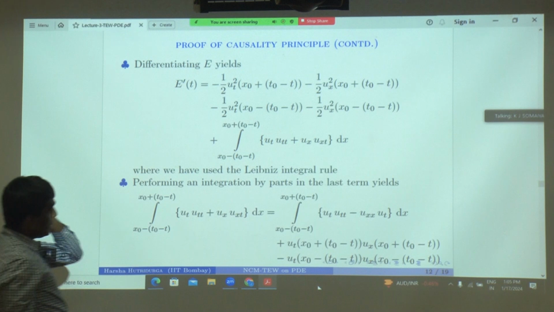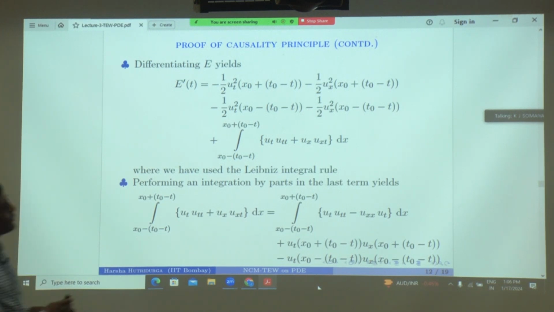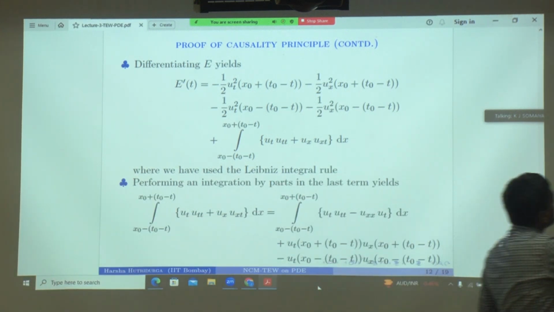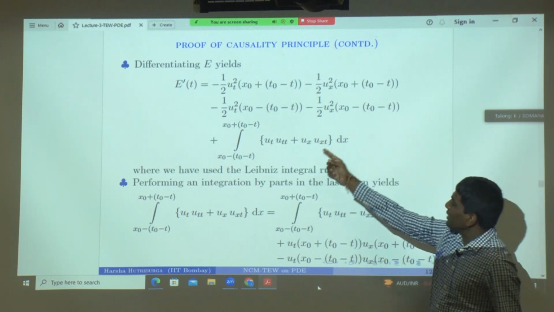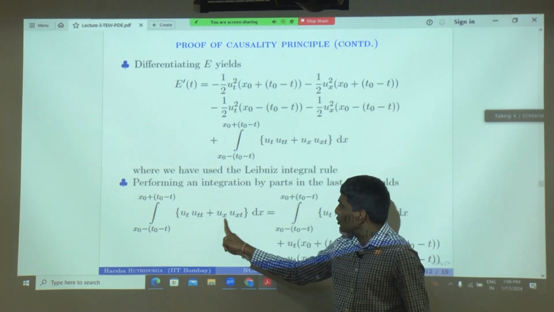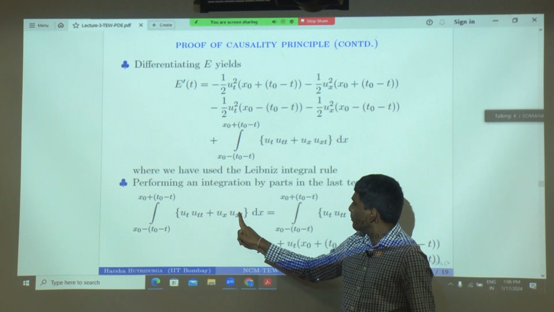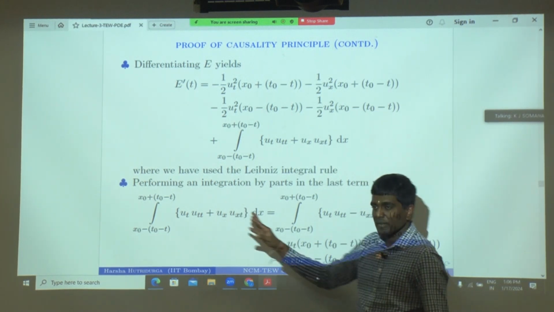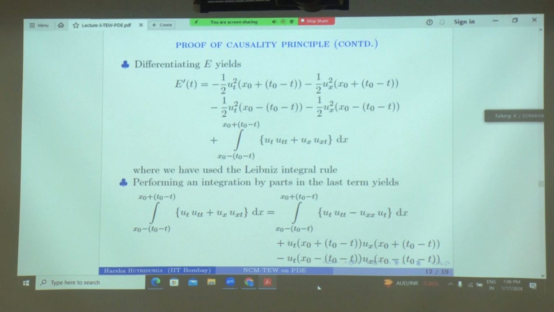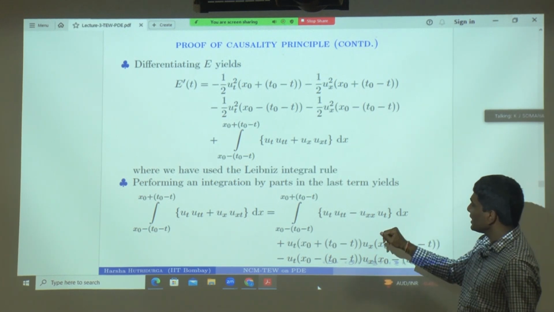Okay. When you do that, you see integration by parts, we wrote down here, right? F prime g plus f g prime integrated from a to b is just this guy. Now, I take ux to be f and then ut to be g. Then you just apply this particular integration by parts formula.